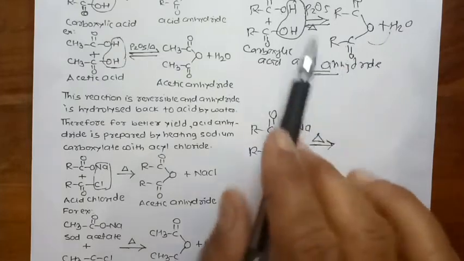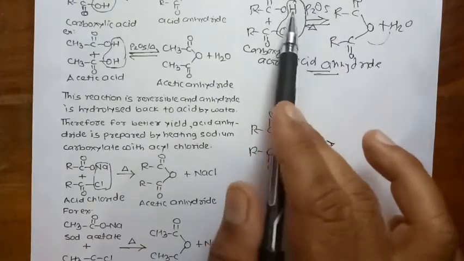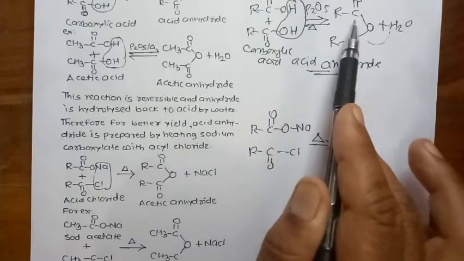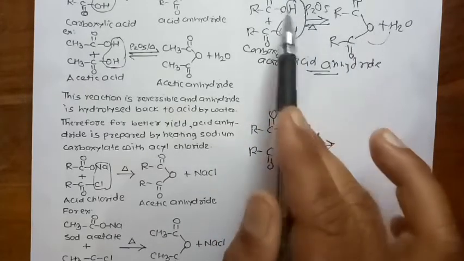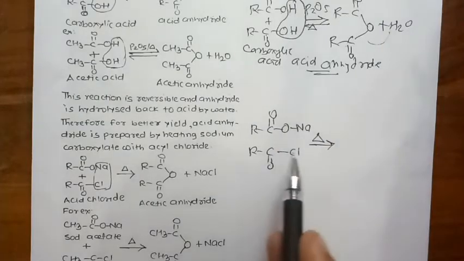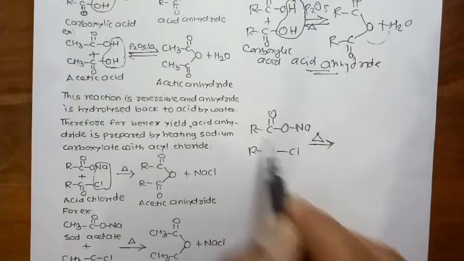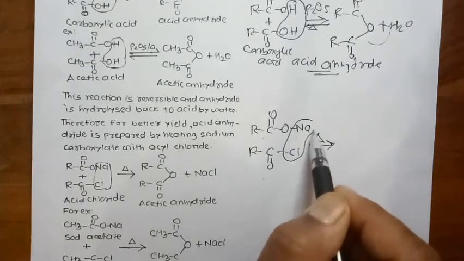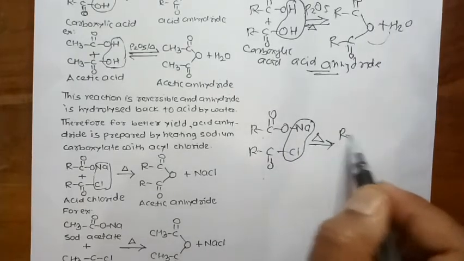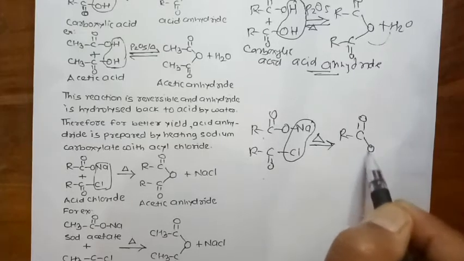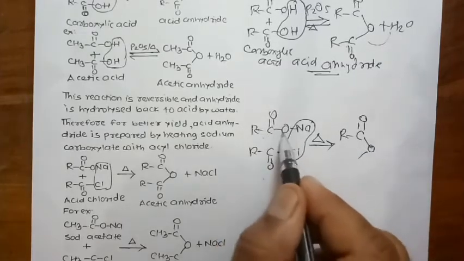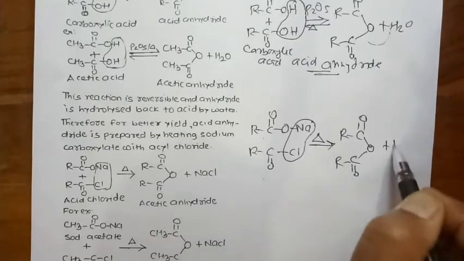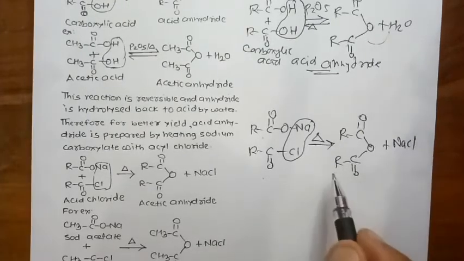Now the first reaction which we have seen here, in the presence of P2O5, 2 carboxylic acid molecules react and give acid anhydride, but that is a reversible reaction. But here, if we take the salt of carboxylic acid plus acid chloride, then this Na combines with this Cl and gives RC double bond O, O, C double bond O, R plus NaCl.